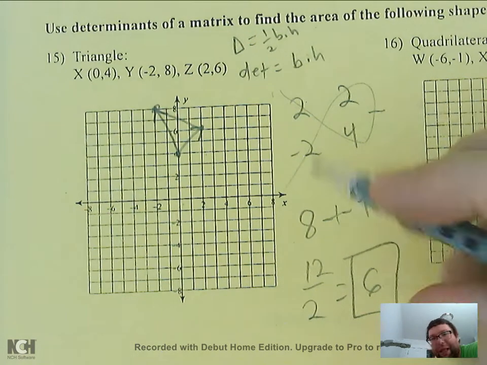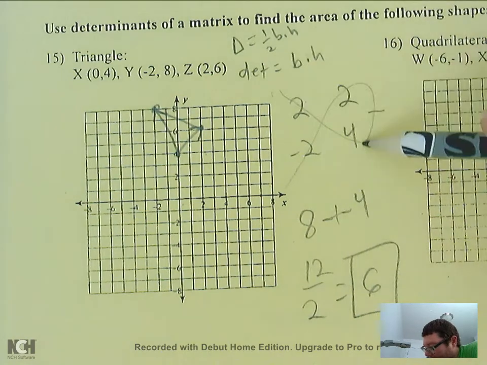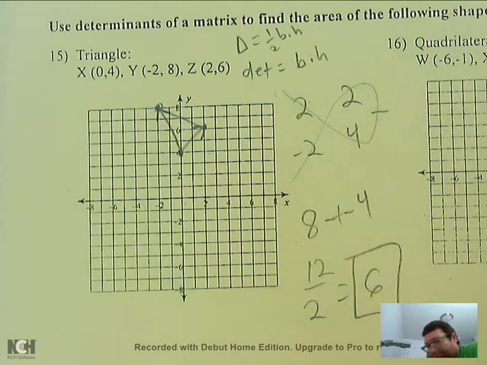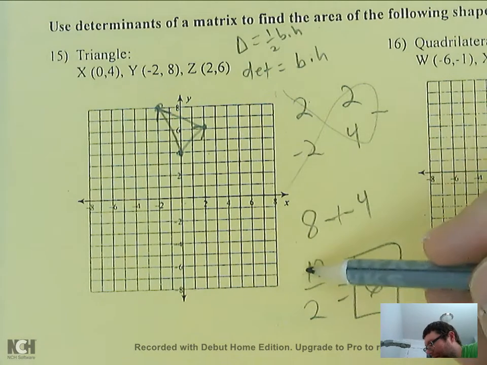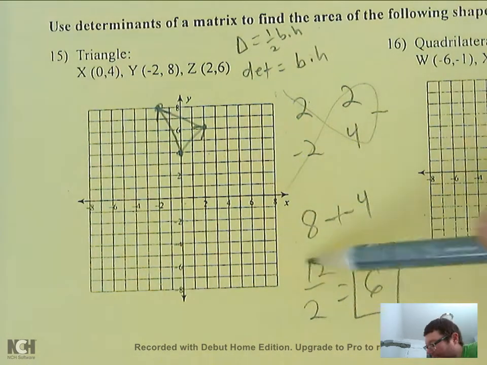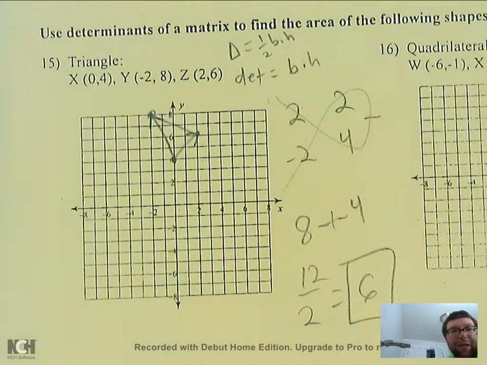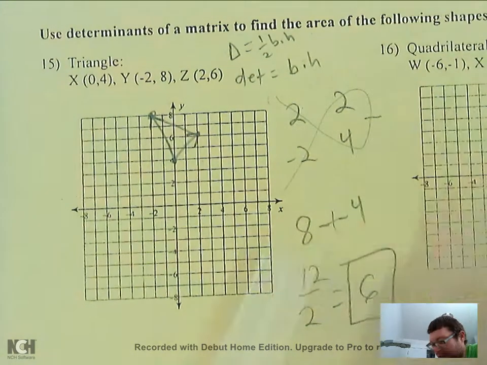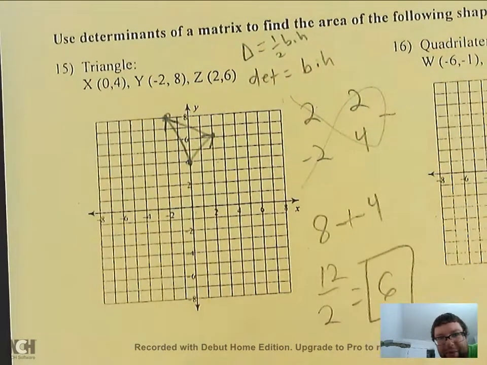Because it would be -2 times 4, which is -8, minus 4. So what would have happened there is I just would have ended up with a -12. So it doesn't really matter the order. You're going to get the same answer, but it might be negative. If you do get the negative number, you just got to remember area can't be negative. So you got to just erase the negative, basically. All right. Let's try another one.